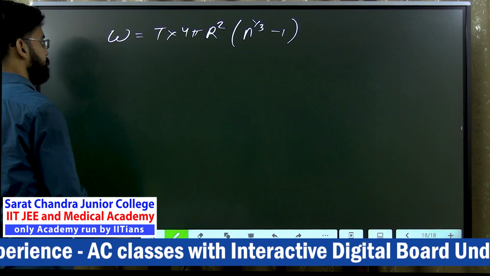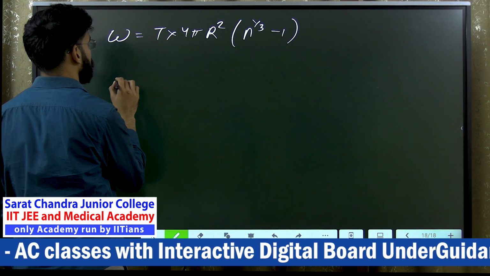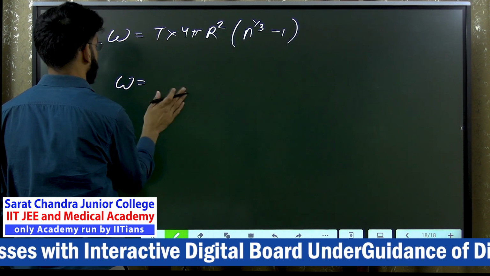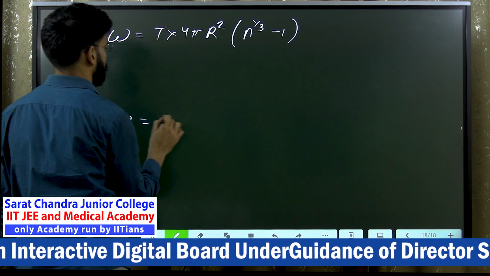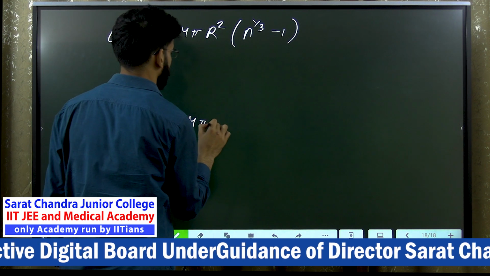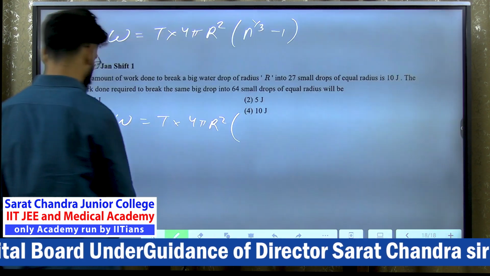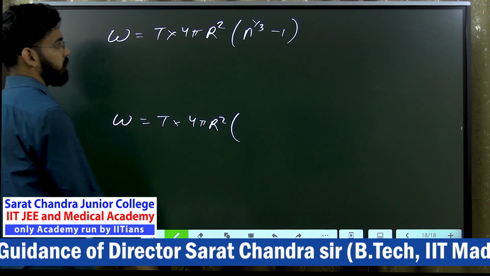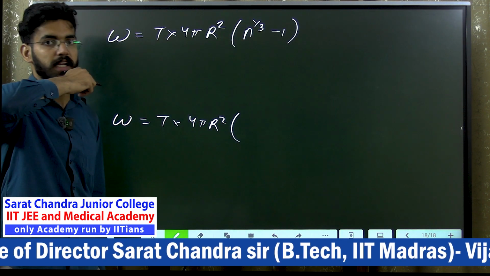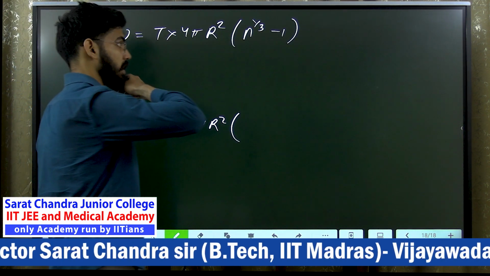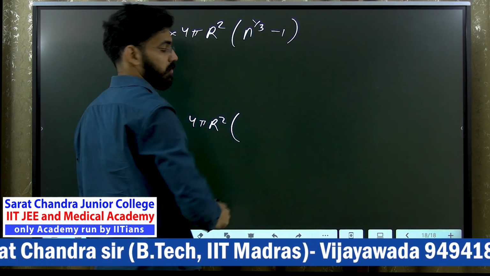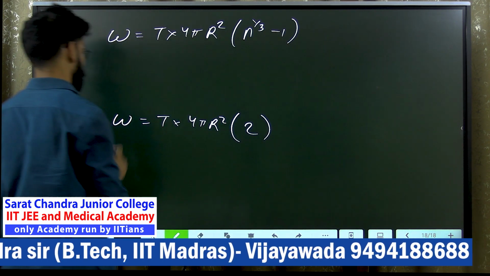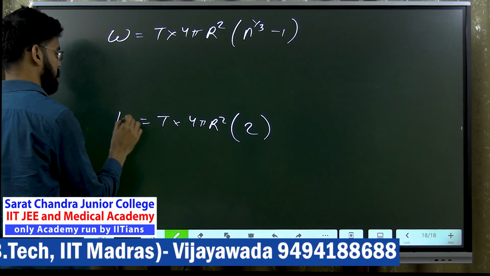So work done is equal to T into 4 pi r square into 27 raised to power 1 by 3. So 3, right? 3 minus 1, 2. That's it. And this is 10 joule, okay.